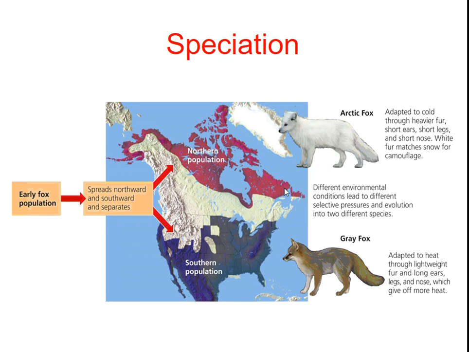The gray fox, on the other hand, was adapted to heat through lightweight fur, long ears, legs, and nose. One species became two. Now, generally speaking, especially for these K-selected or slow reproducing species, this takes tens to thousands of years. However, this type of speciation can occur much more quickly for rapidly reproducing populations.